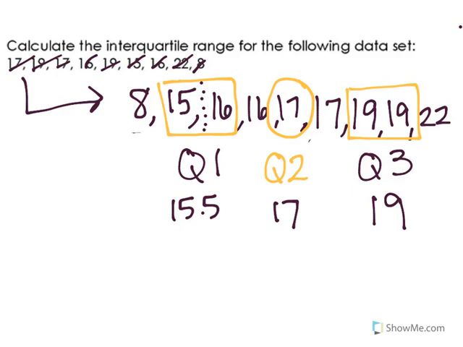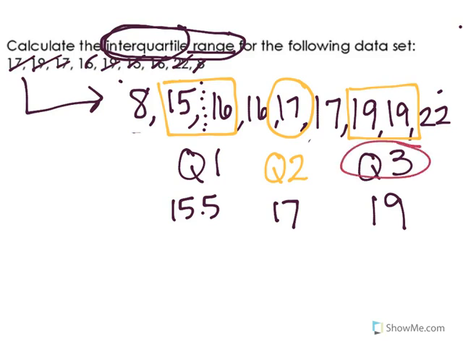So now I need to recall, what does it mean to find the interquartile range? Typically, if I'm just talking about range in general, that is the difference between the largest number in the data set and the smallest. However, interquartile range is talking about the range between quartile 3 and quartile 1.